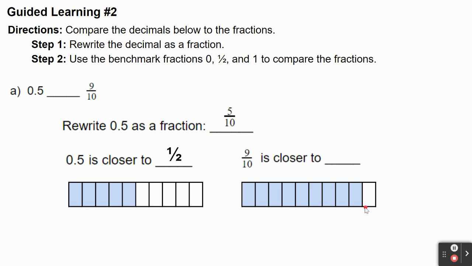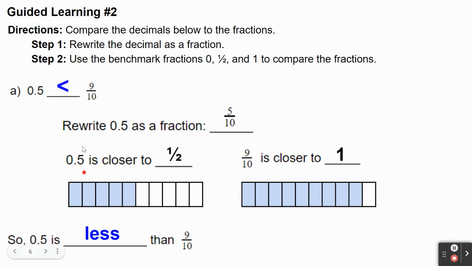There's only one more part that needs to be shaded for the whole model to be shaded, so 9/10 is closer to 1. If we look at our benchmark fractions 1/2 and 1, we know that 1 is the larger benchmark fraction, which means that 9/10 is going to be our larger fraction. So we'll have our symbol open up to eat the larger fraction. Since 5/10 is less than 9/10, we have our symbol opening up to eat 9/10.